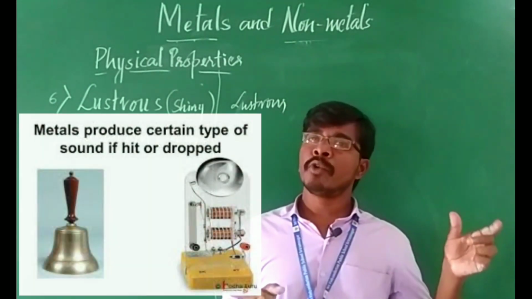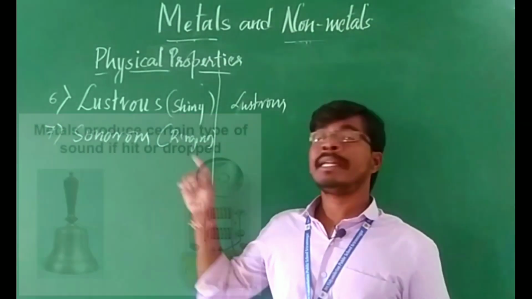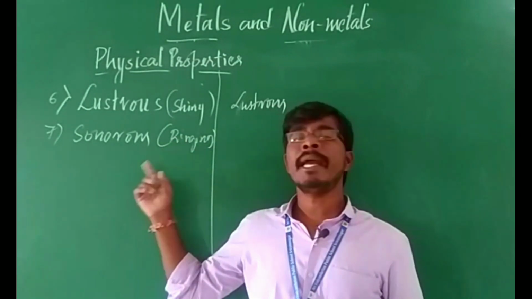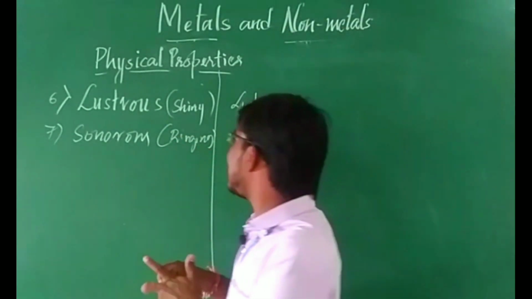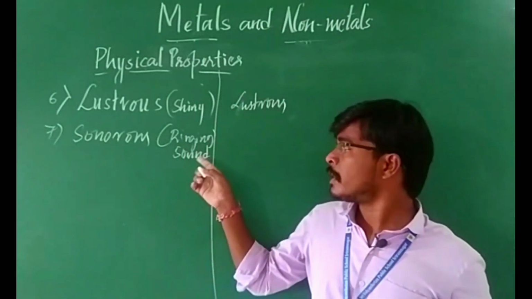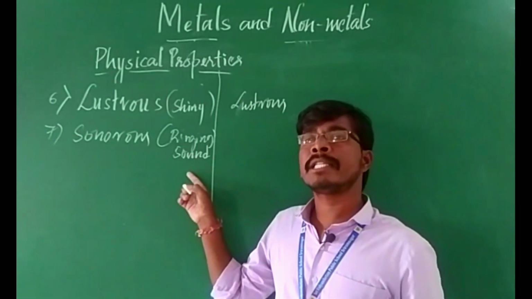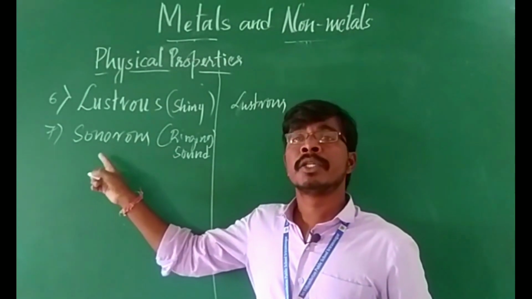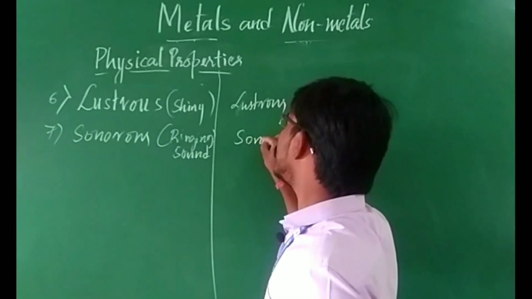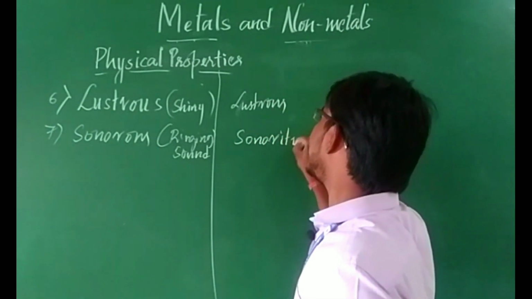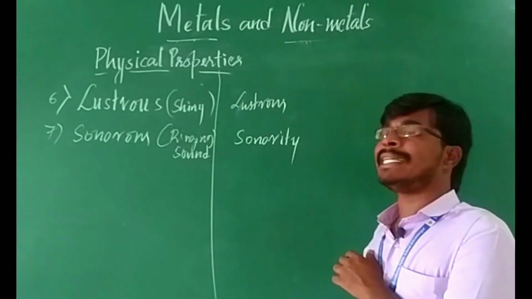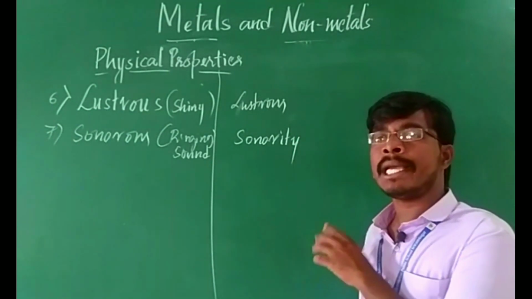When metals are hit with any other object, the noise will be different. That noise we call a ringing sound. The property of making a ringing sound is called sonorous. All metals are sonorous in nature. They are going to give a ringing sound.